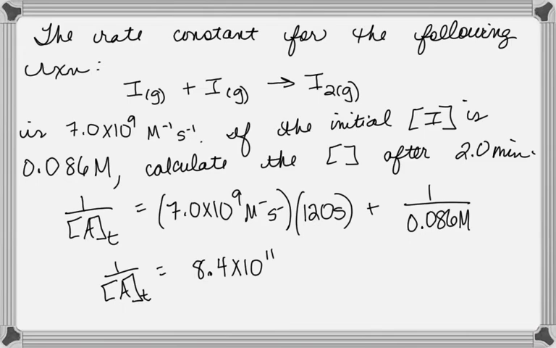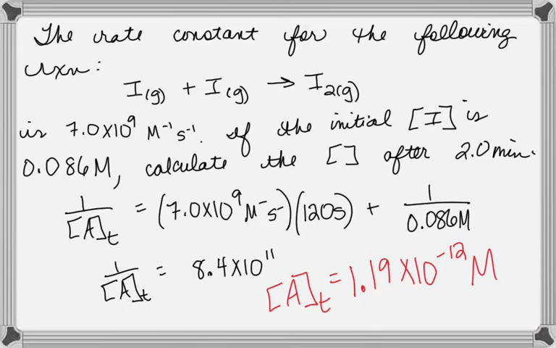Okay? That's not the answer, though. What's the answer? Is it 1 over that number? It is. That is the reciprocal of the answer. So to get the answer, I have to take the reciprocal of that. So don't get in a hurry and stop there, because you're not there yet. I got 1.19 times 10 to the minus 12 molar.